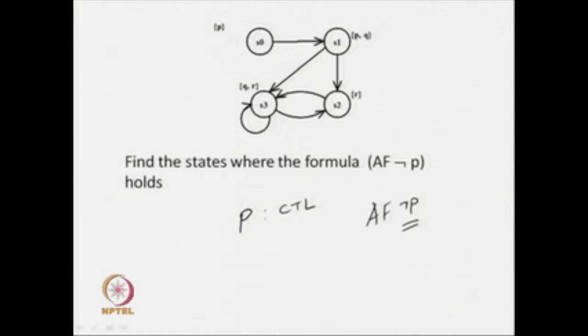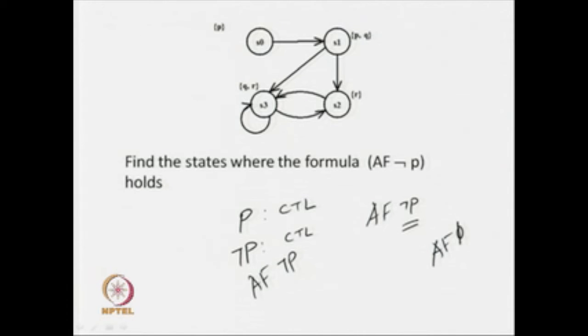Now, if phi is a CTL formula, then not of phi will also be a CTL formula. So, I can say that not of P is also a CTL formula. Now, if we have any phi as a CTL formula, then AF phi is also a CTL formula. So, we get that AF not of P is also a CTL formula.